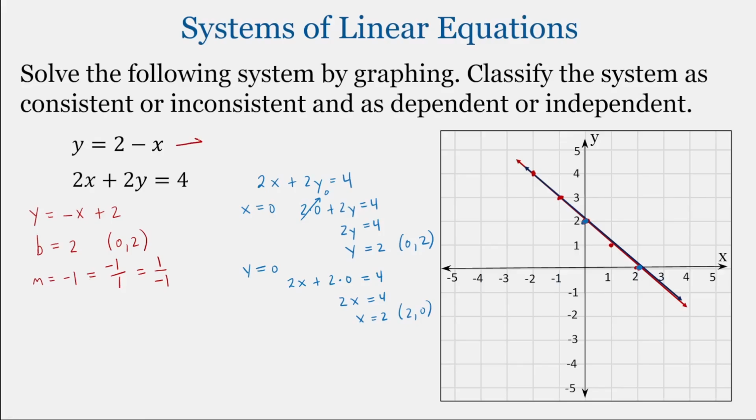If we rewrote the first line in standard form, this is x plus y equal to 2, and then multiplied this equation by 2, we would end up with 2x plus 2y equal to 4. So the second equation is simply the first equation multiplied by 2. So therefore, this system is dependent.